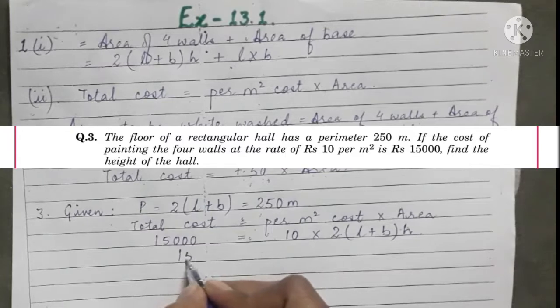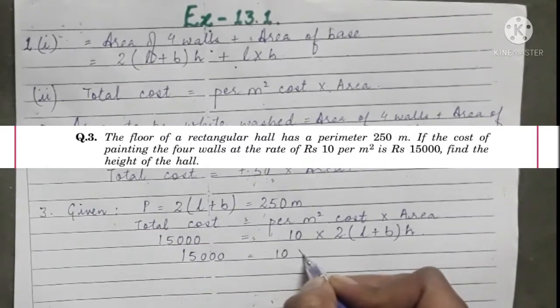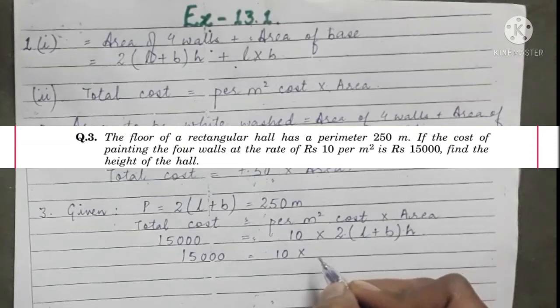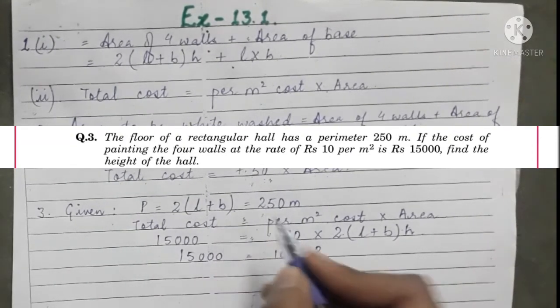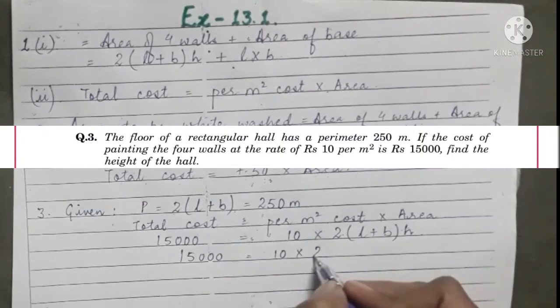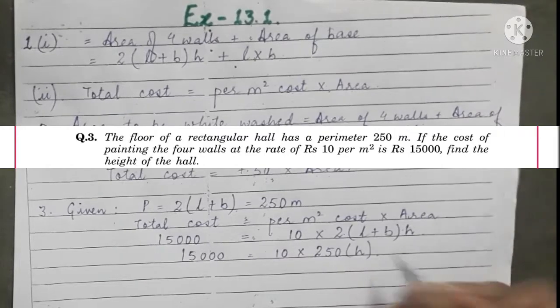So now putting all the values in this equation, you can get the height of the room. 2(L plus B), in place of 2(L plus B), we can write 250, right? So 250 multiplied by height.